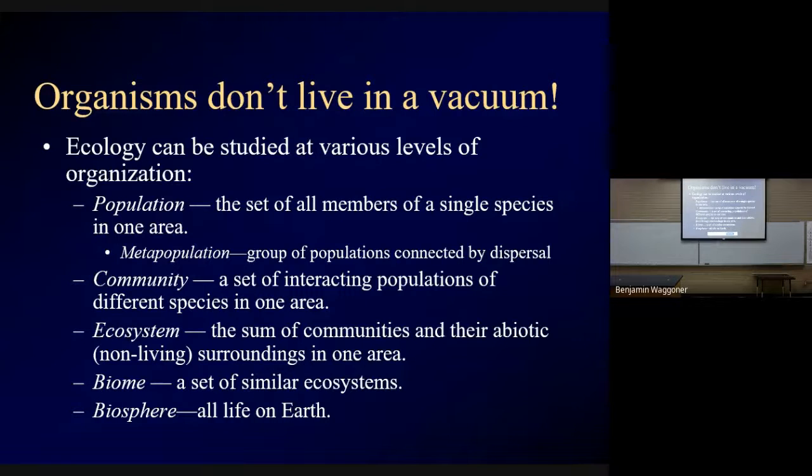And when you take the sum of communities in one area and you relate them to their non-living surroundings, all of the things that are important for life but that are not actually alive, which could be anything from salt content to amount of sunlight to pH of the water, water temperature, all of those things that determine what can live there but that are not alive themselves, we can talk about that as an ecosystem, the sum of the communities in an area plus the non-living factors that affect them.